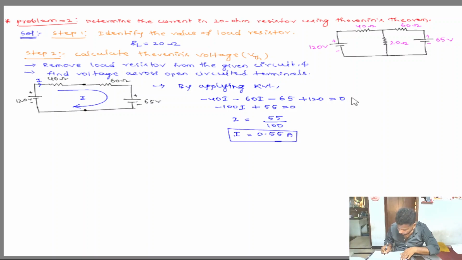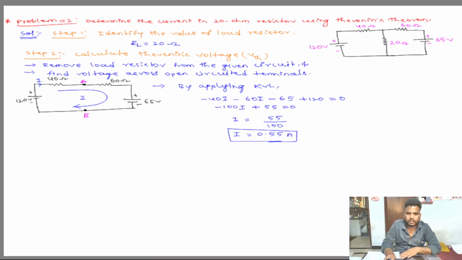This is the current flowing through this circuit. What is our aim? Our aim is to calculate Thevenin's voltage. Where are we calculating Thevenin's voltage? In between the open circuited terminals, in between the load terminals. These are the points.